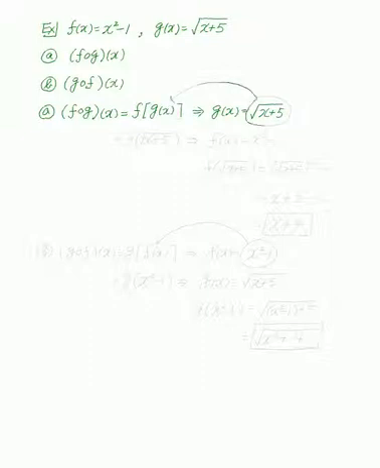We're going to completely replace all of the domain values of f with square root of x plus 5. So here we go. So f of the square root of x plus 5. So all of the x values in my f function are going to be replaced with the square root of x plus 5.